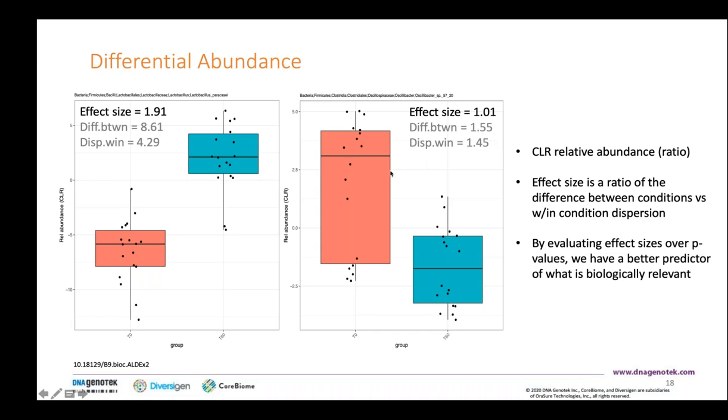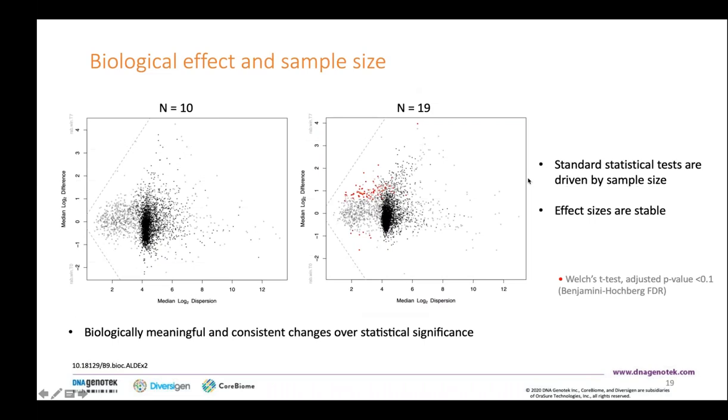These, of course, are both significant by p-value, so by using just p-value, you wouldn't necessarily know the effect of that change. And just as an example here, I have the same data comparing those differences between times with a small sample size and a large sample size, showing that p-values will increase with sample size, whereas the effect size is stable and consistent.